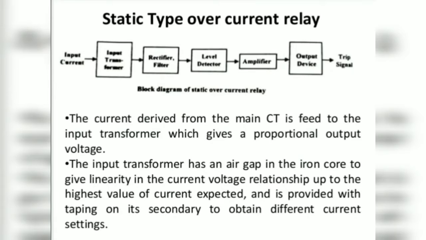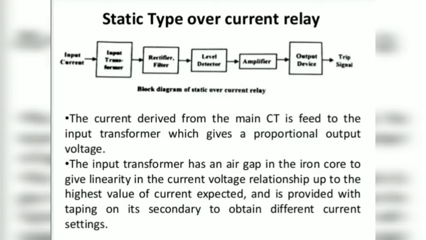The input current goes to the input transformer, then it goes to the rectifier and filter, then to the level detector, then to the amplifier and to the output device, and it will give the trip signal.